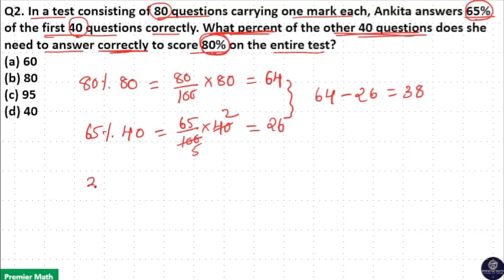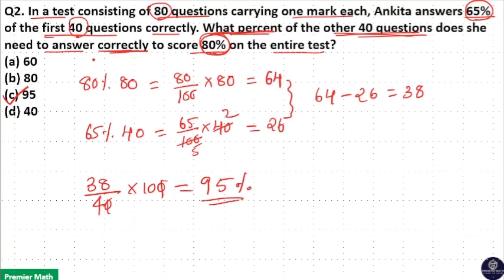So 38 out of 40 questions she needs to answer correctly in order to get 80% on the entire test, which is equal to, 4 9s are 36, 4 5s are 20. So option C is your answer.